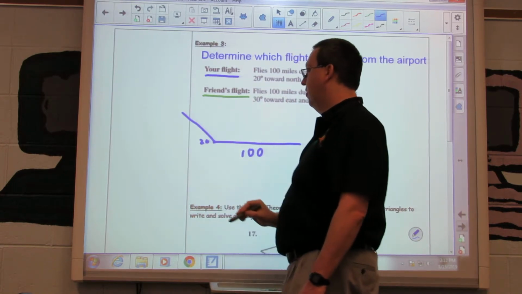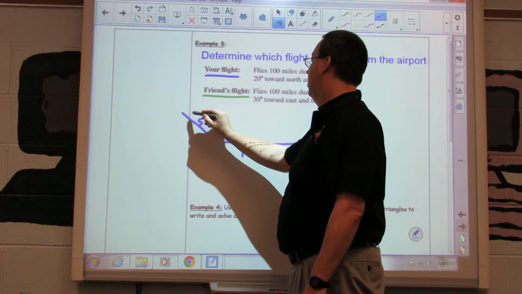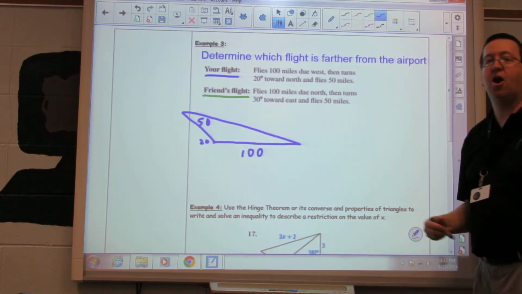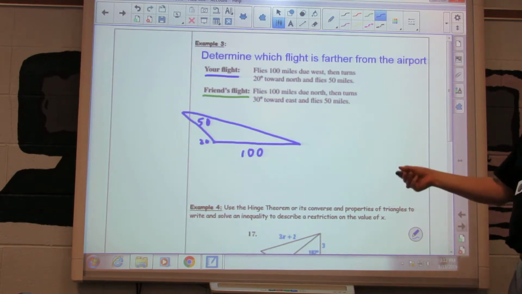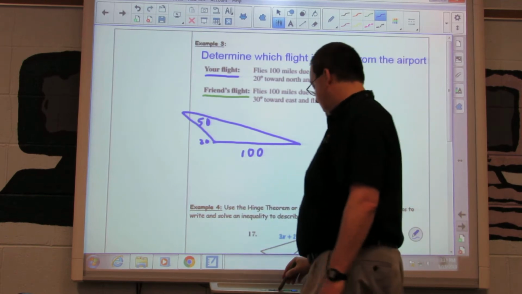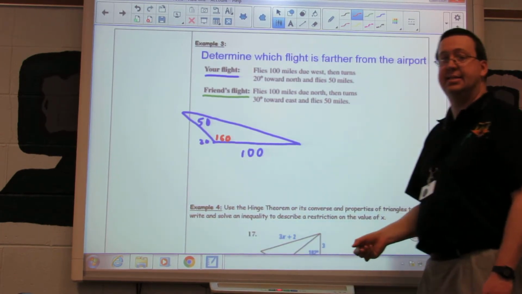This is my 20 right here. I go 50 miles here, so my total distance is this. The angle I care about is not the 20. The angle I care about is 180 minus the 20. So this angle here that I care about is 160.